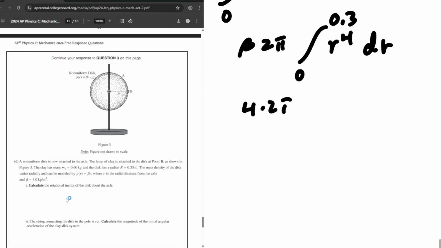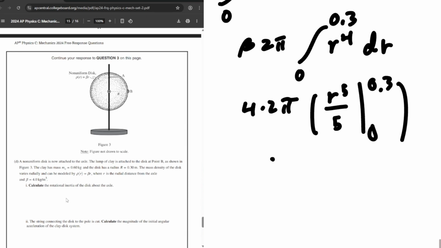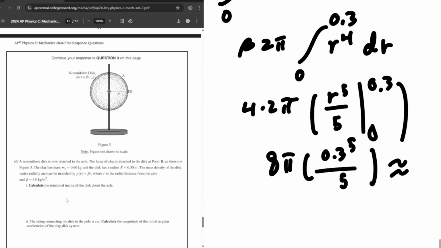So it's going to be 4 times 2 pi, right? And I could integrate this manually, and I will, because r to the fourth gives r to the fifth over 5 from 0 to 0.3, which is essentially 8 pi times 0.3 raised to the fifth divided by 5. We're going to use decimals for that.